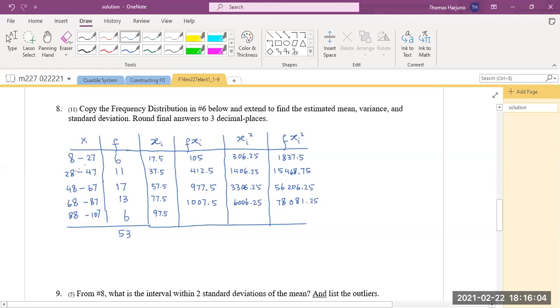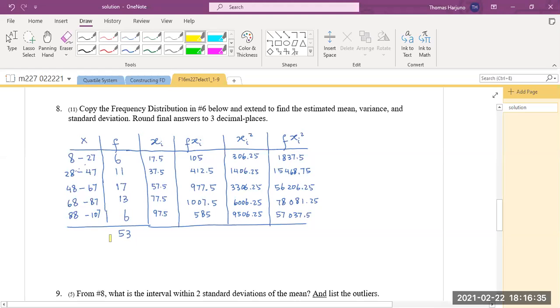And then 97.5 times 6 gives me 585. 97.5 squared, 9506.25 multiplied by 6, that's 57,037.5.